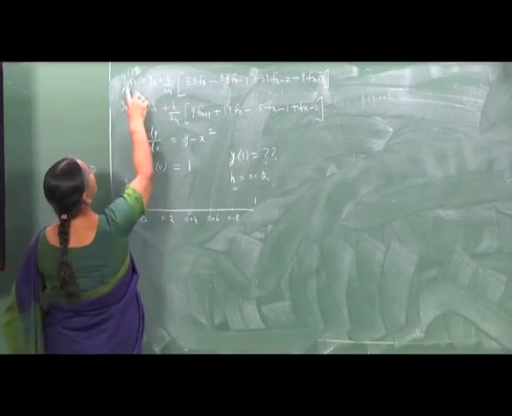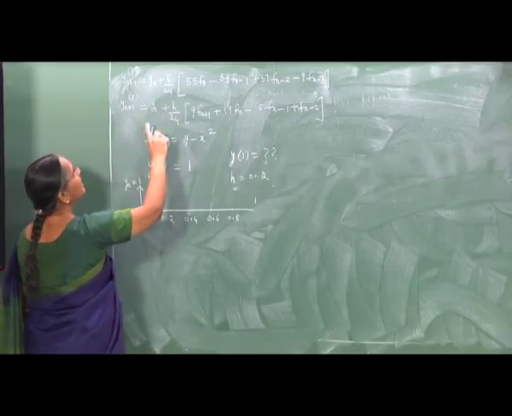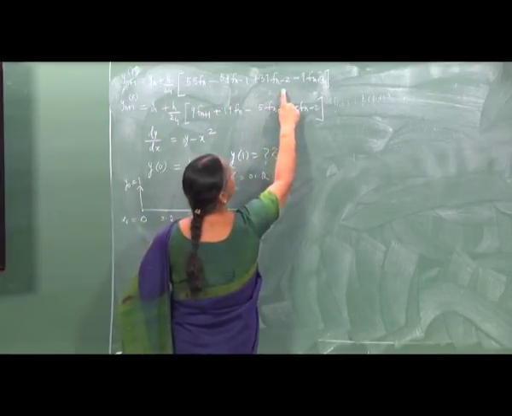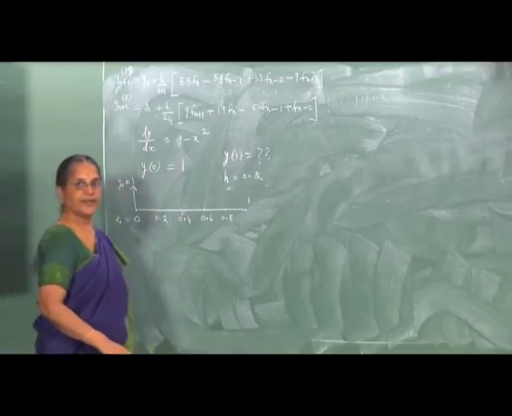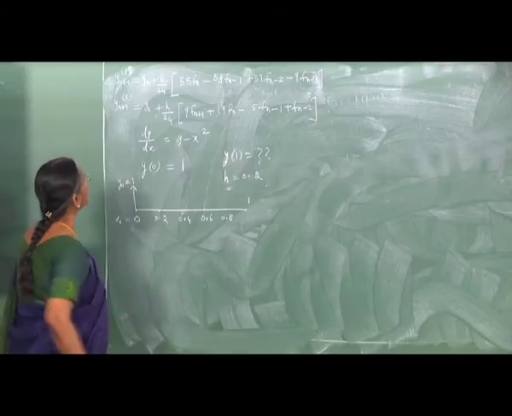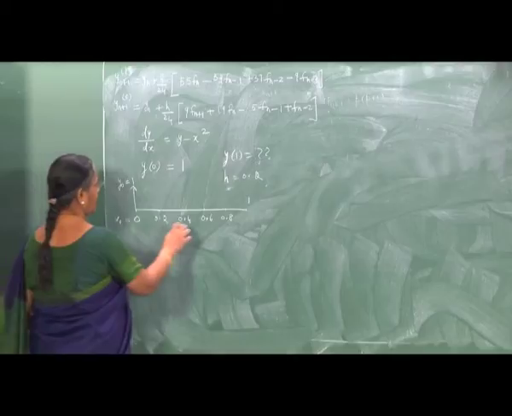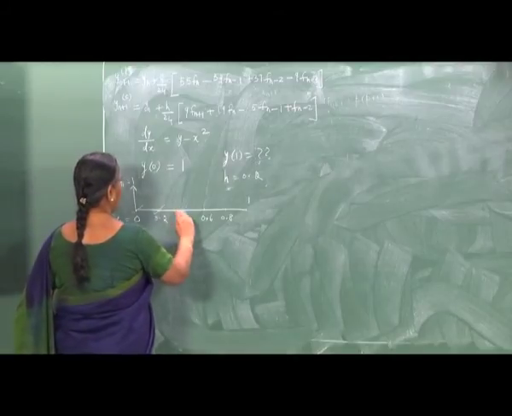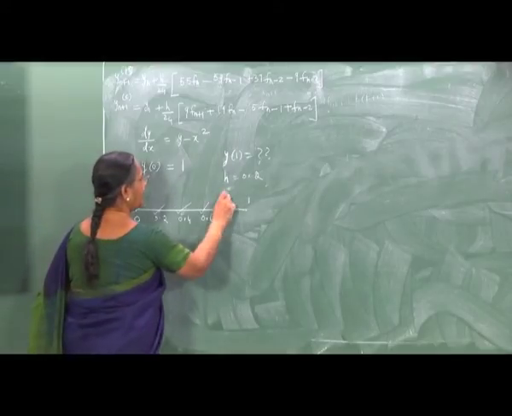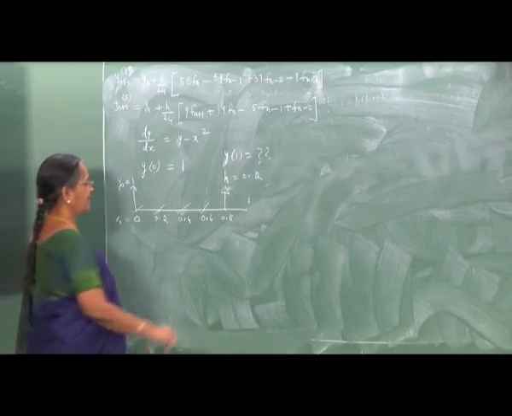So, I can compute the solution yn plus 1 and predict it if I know information at xn, xn minus 1, xn minus 2, xn minus 3. So, I require information at 4 points. So, if I know information at these 4 points, then I can evaluate the value at this point using the predictor.